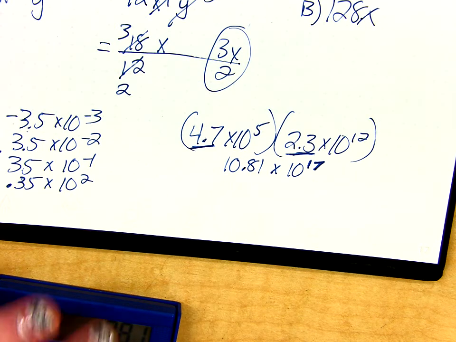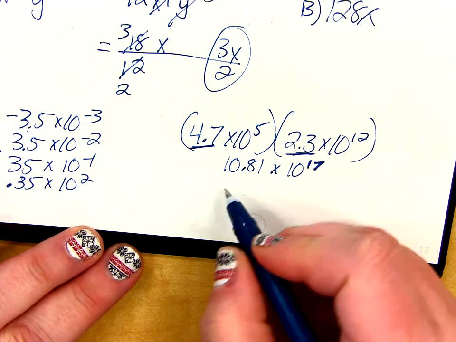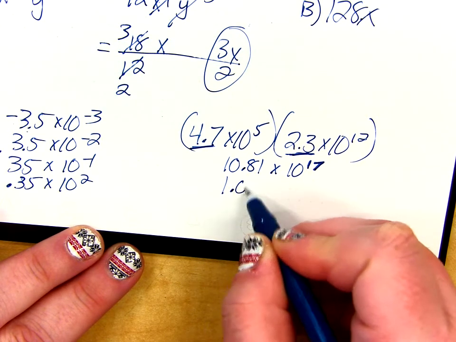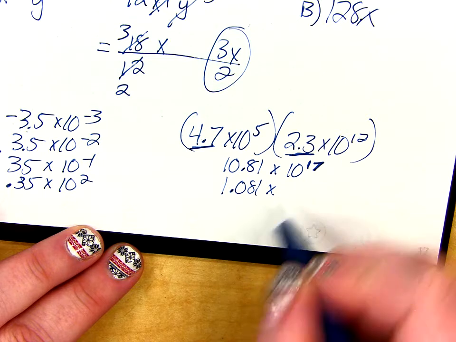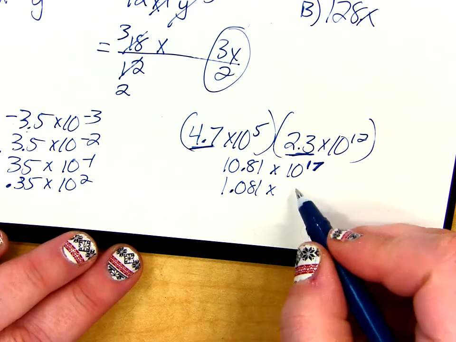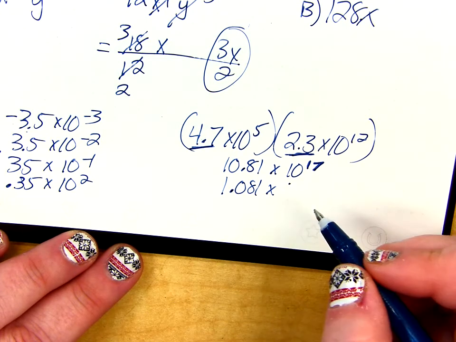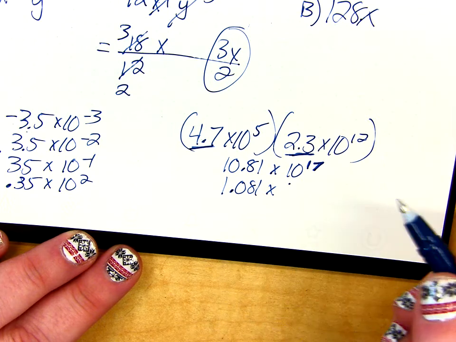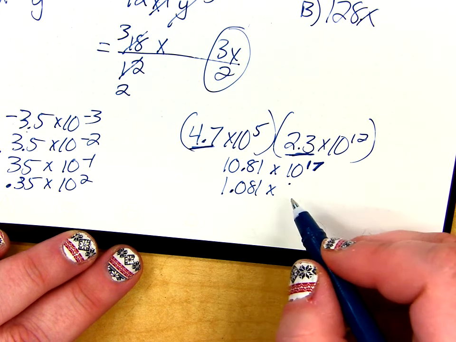So we've got to fix it. Remember we talked about this? That was going to turn into 1.081, but now it's times 10 to the 16th. Oh, wait, sorry, 18th was right.